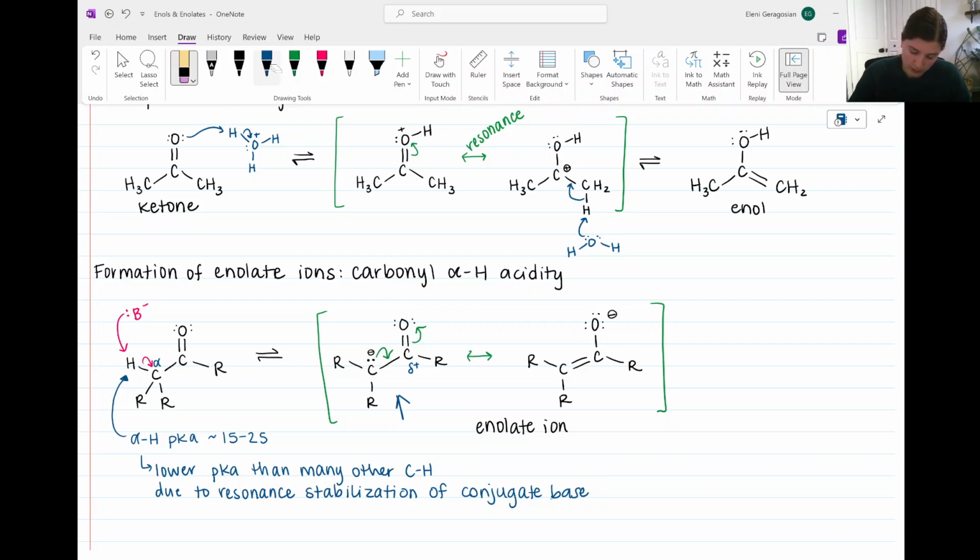So due to resonance stabilization of the conjugate base and the polar effect, specifically the partial positive carbonyl carbon next to the carbon with electrons and the negative charge.